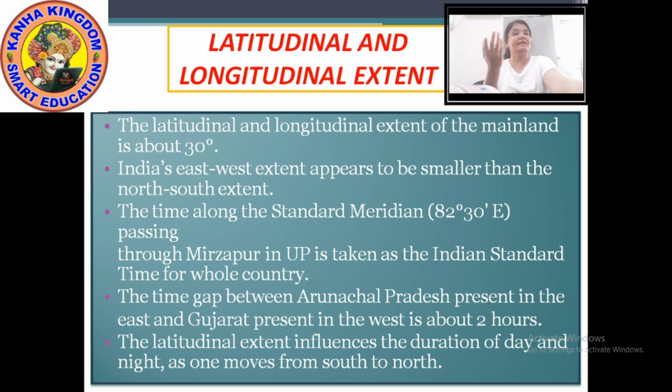Now the time gap between Arunachal Pradesh in the east and Gujarat in the west is about 2 hours. And why is it so? I have told you as per the calculation.